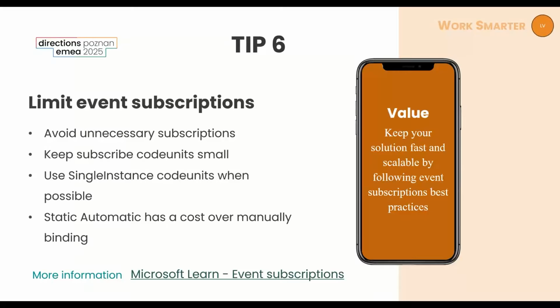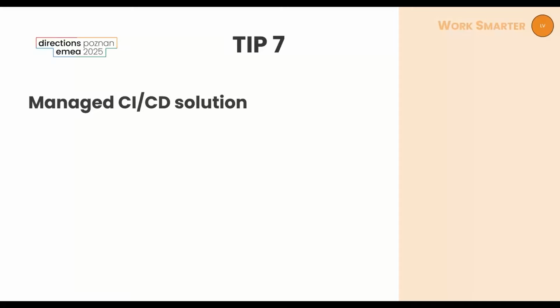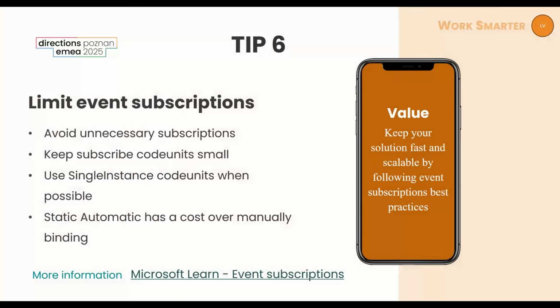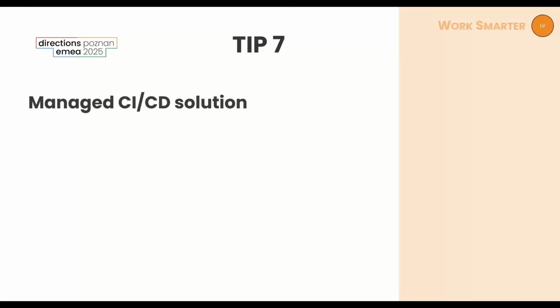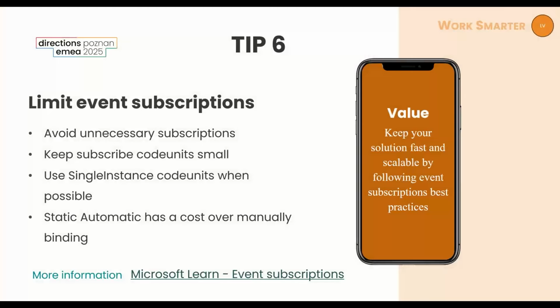And that's also for us to look at. Avoid unnecessary subscriptions. It looks like a great thing, but if you have too many, it becomes too slow. Let me first go back, please, for the value. If you have too many, it will slow down your solution. So keep your solution fast and scalable by following event subscription best practices.